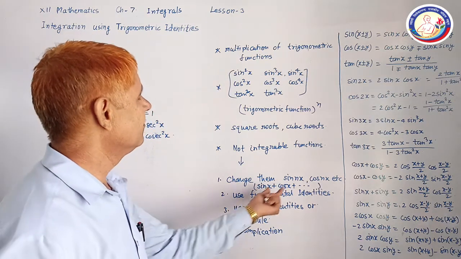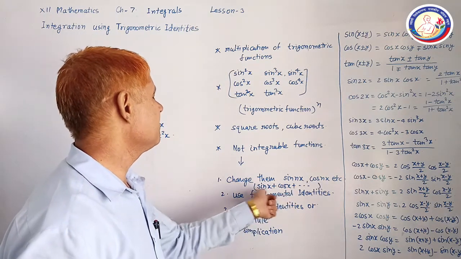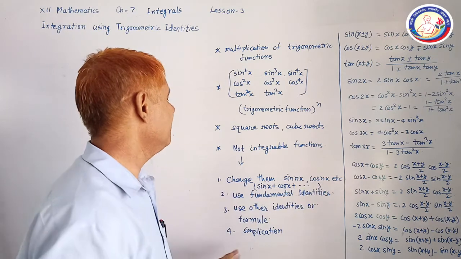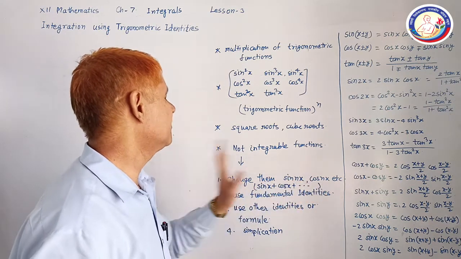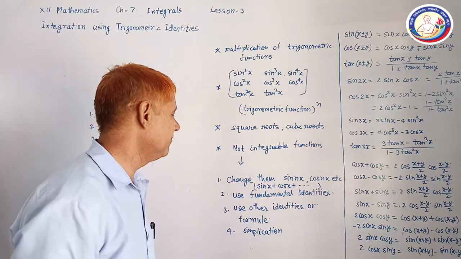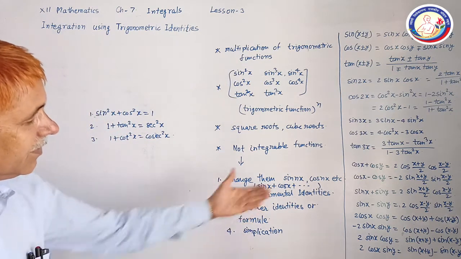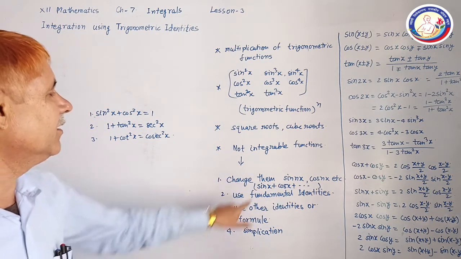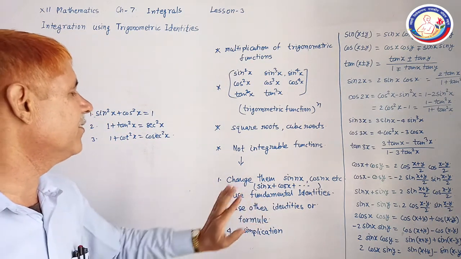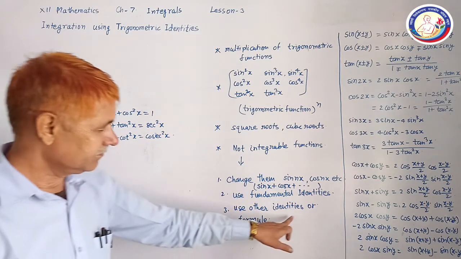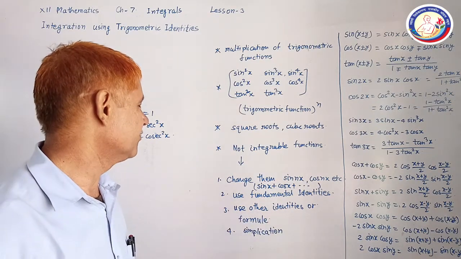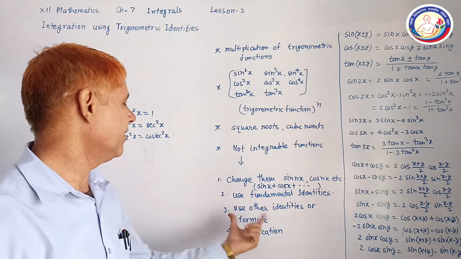And then, if required, we will distribute them in terms of addition or subtraction in place of multiplication. We will use fundamental identities to bring the function into integrable form. We can use other identities or other formulas also.